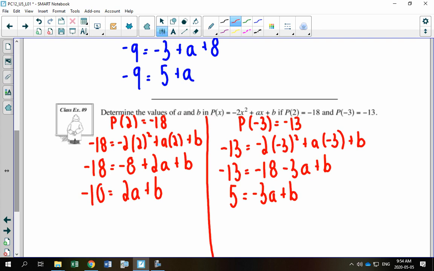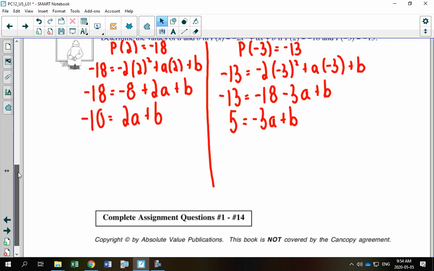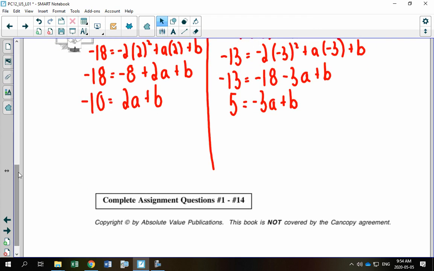So what you notice here is we're left with 2 equations, both with a variable a and b. So we have our equation 1 and equation 2. So we're going to think about systems like we would have done in 10C, and I would solve this by elimination, and we can eliminate those b's with what we have here.